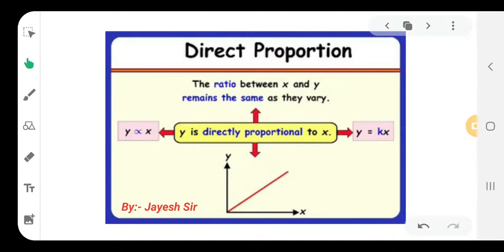Then they are said to be directly proportional. To remove the proportion sign, we write y equals kx, where k is said to be the constant. With the help of a constant, we can say that they are directly proportional.